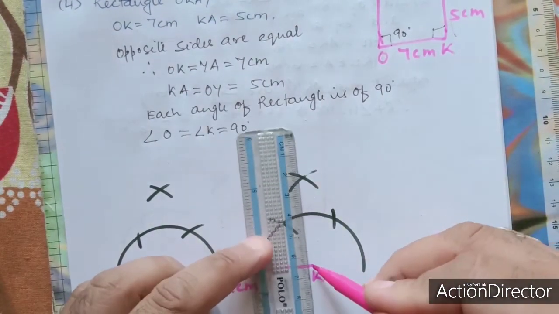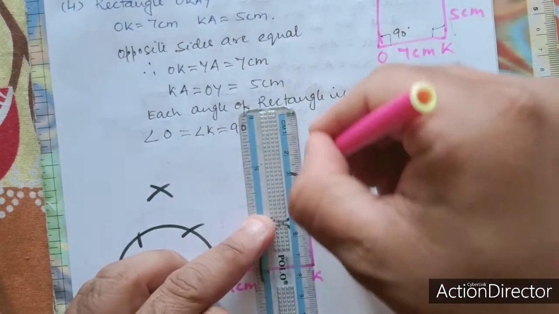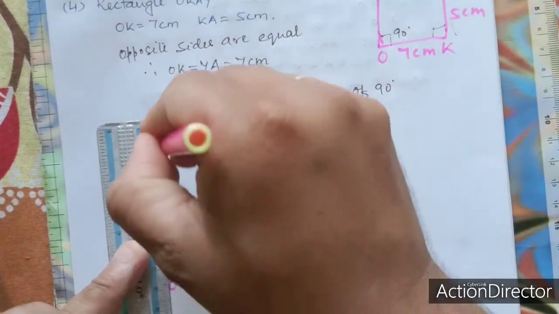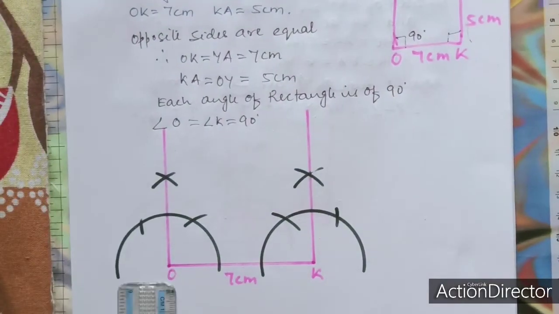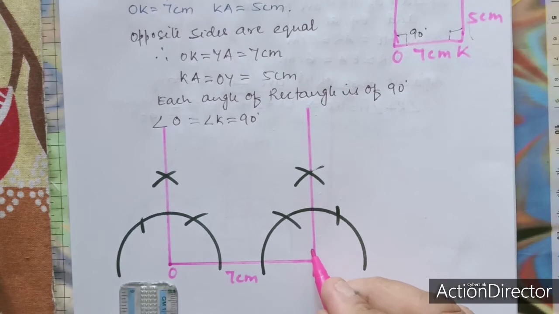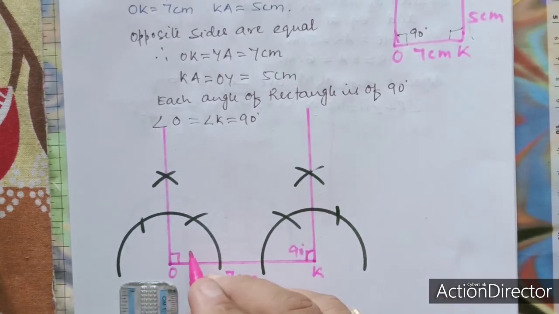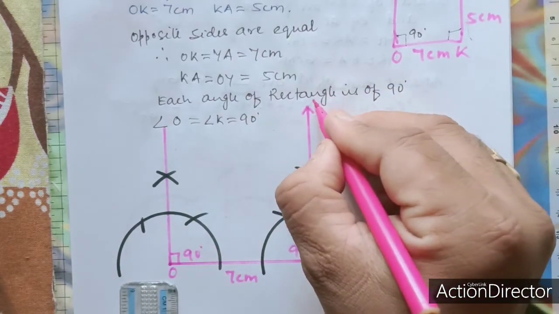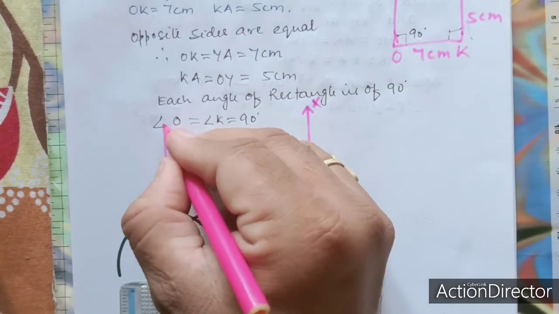I will join this, this is 90 degree. This is ray OX, and this is ray KY.